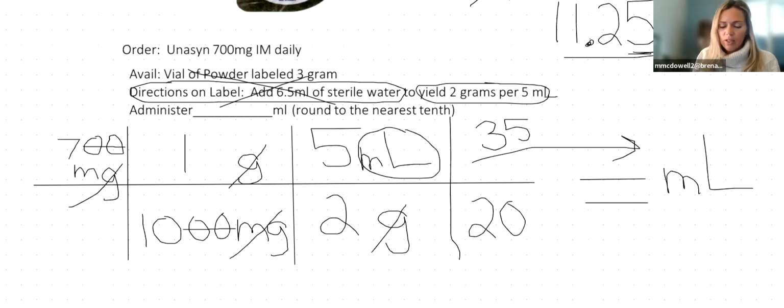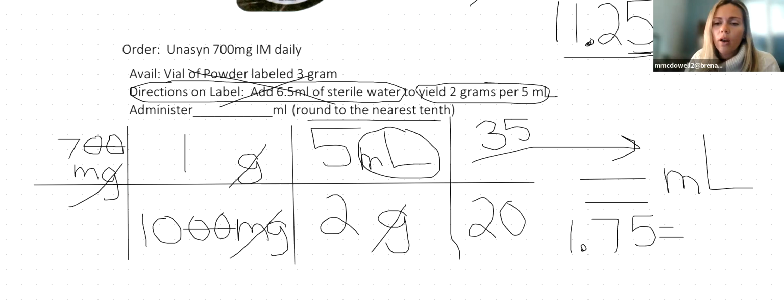Now if we look at that on our calculator, 35 divided by 20, you're going to get 1.75 milliliters. Just like in that last question, it said round to the nearest tenth. So because this digit is greater than or equal to 5, it is going to be 1.8 milliliters. And that's all I've got for 1 factor.